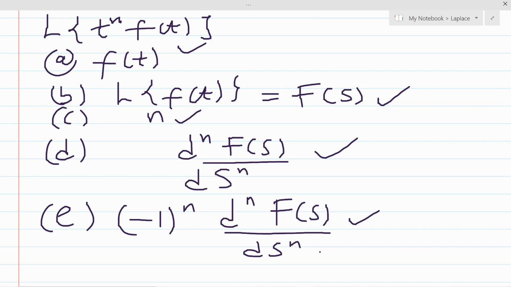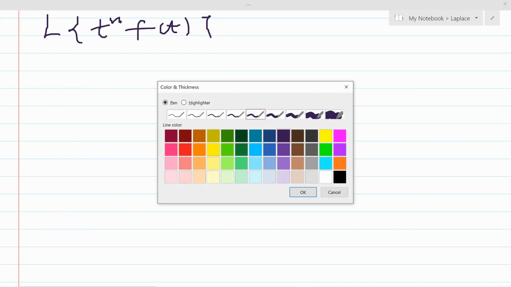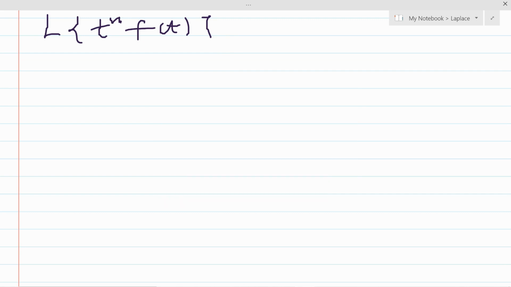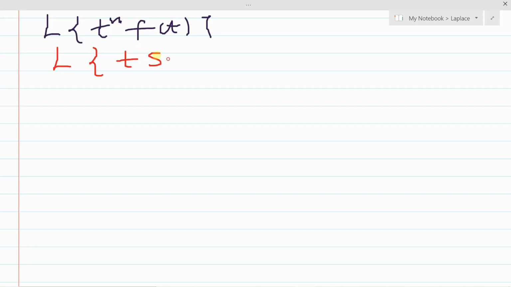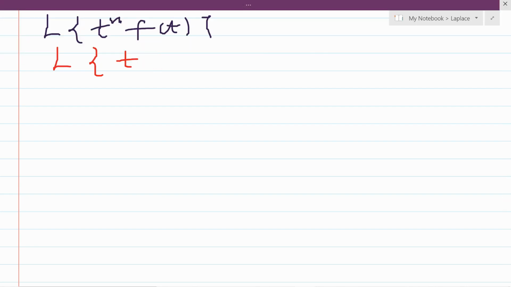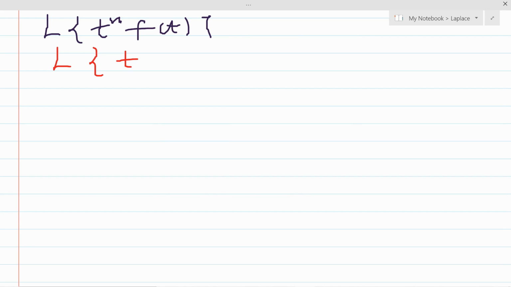Alright, so we have an example like this. Find the Laplace of t times sine of, or let me use cos of 2t.